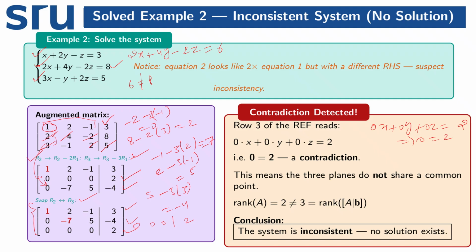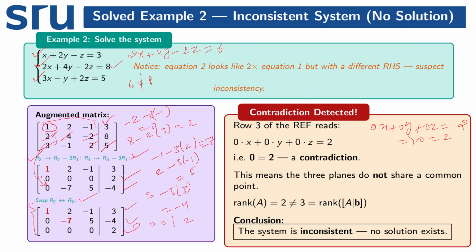Okay, what it geometrically means: each equation represents a plane. All the three equations represent a plane, but these planes do not intersect at a common point. So there is no solution. Also, one more important theoretical result is there.